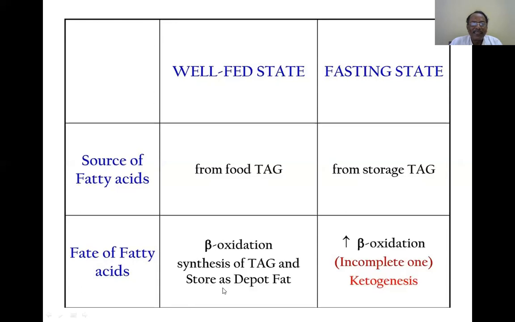The fate of fatty acids in the well-fed state is beta oxidation, whereas in the fasting state, incomplete beta oxidation is ketogenesis. So more of ketogenesis. In the well-fed state, all the time fatty acids are going to be beta oxidized.